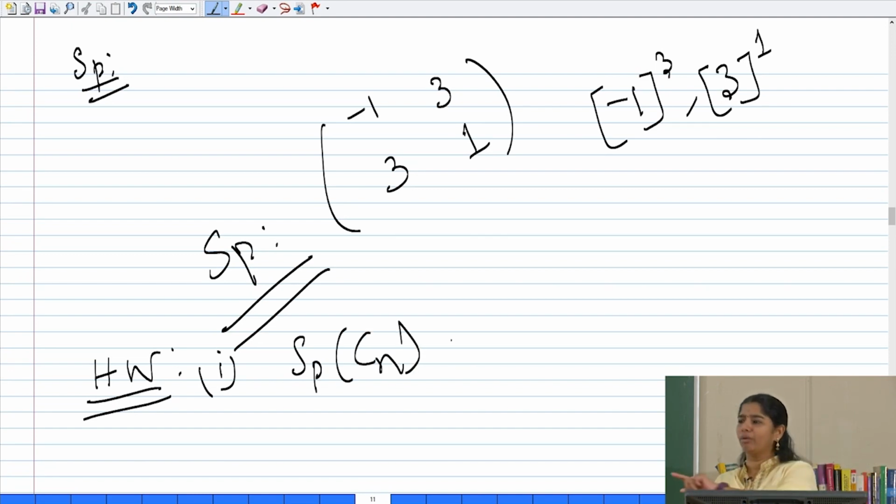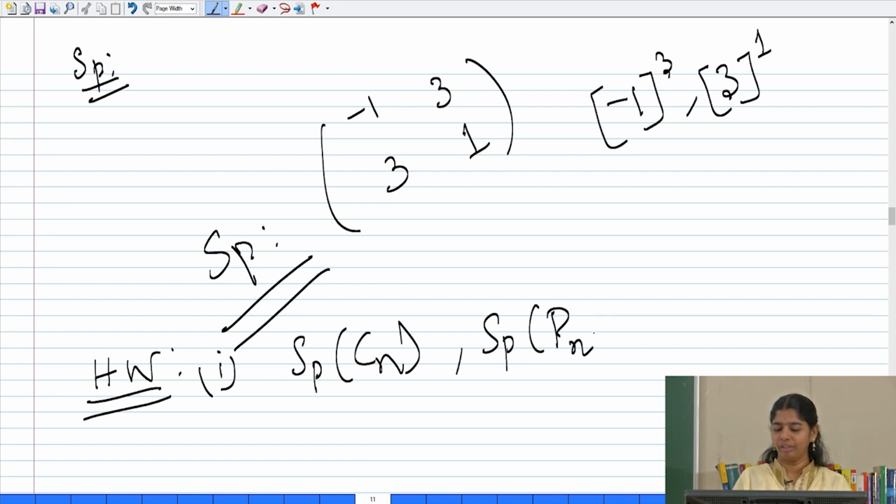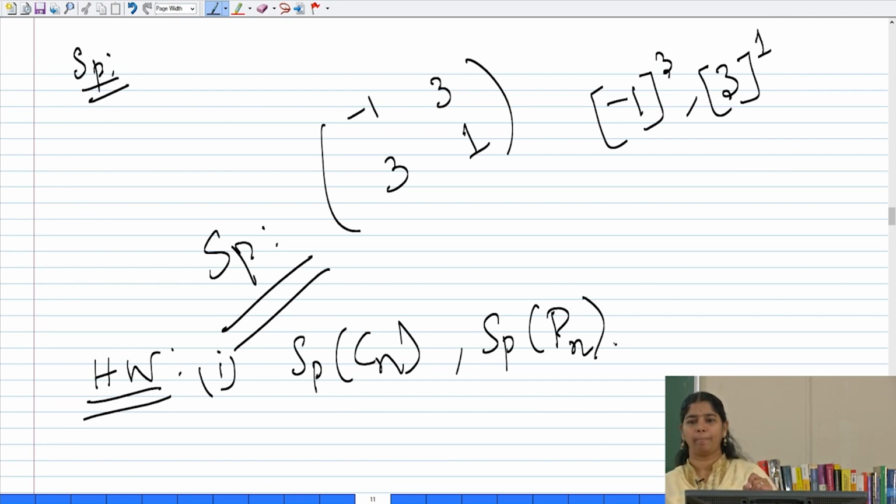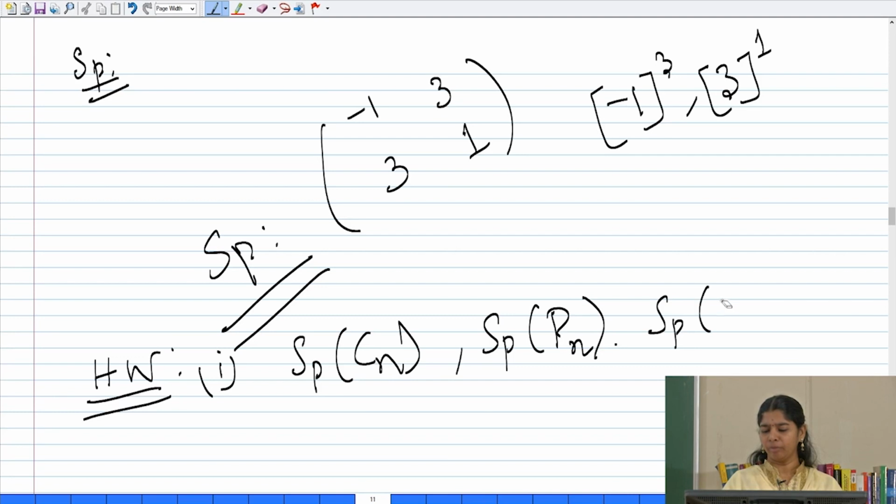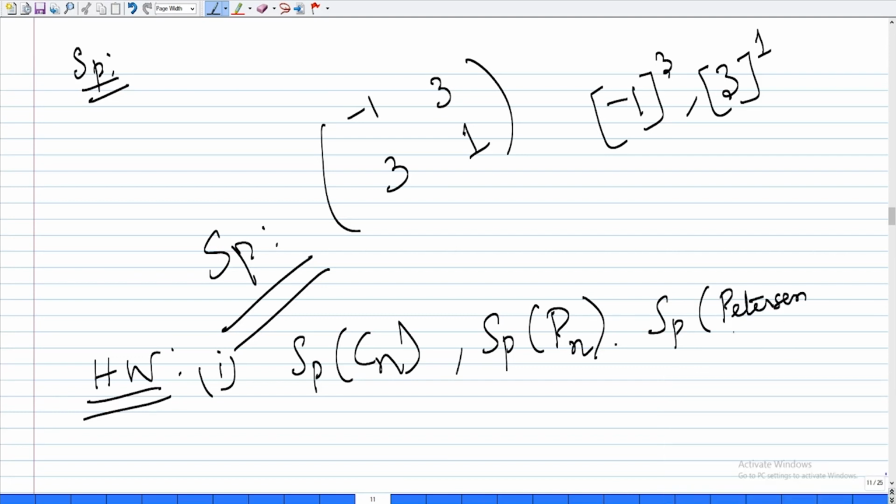One thing is, do not look on the internet, these are all available because these are well studied classes, solve it yourself. Okay. Also the spectrum of a path graph, a path on n vertices. And for those who know, you can think about the spectrum of Petersen graphs and hypercube graphs.